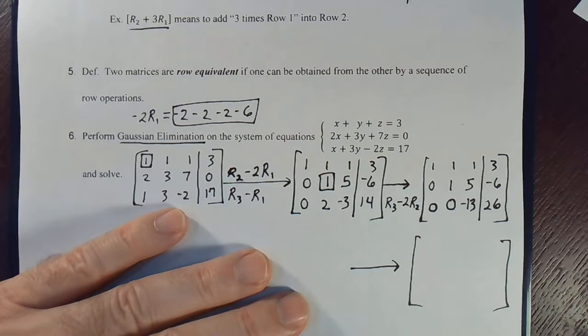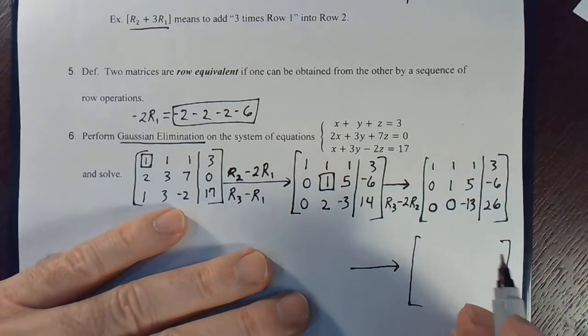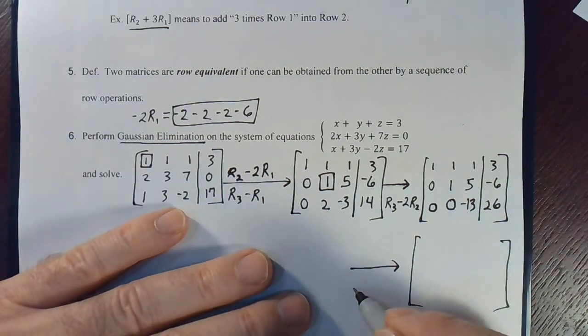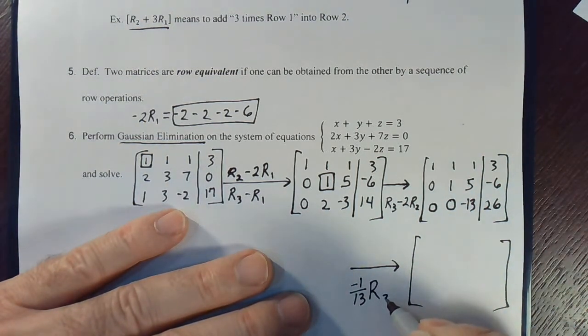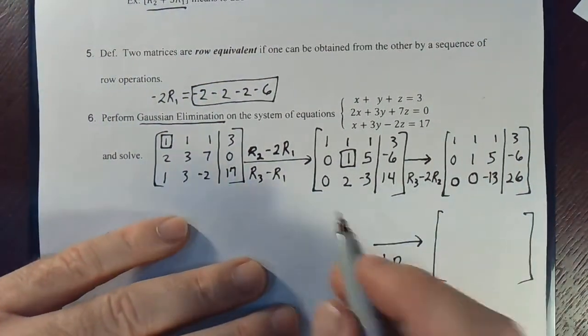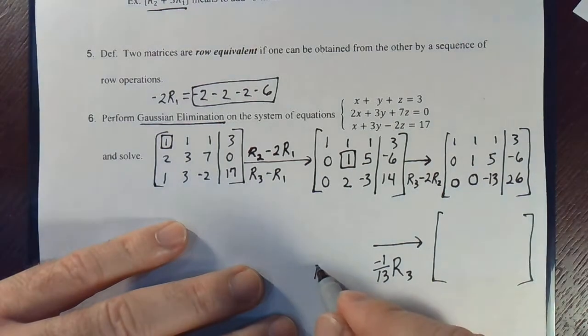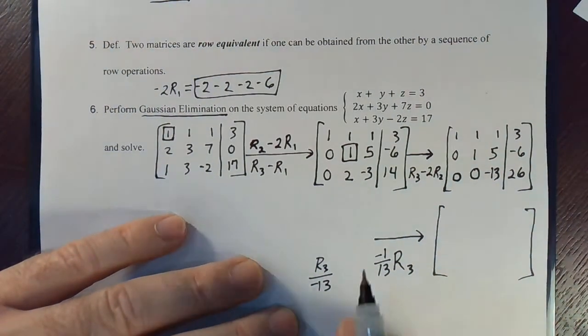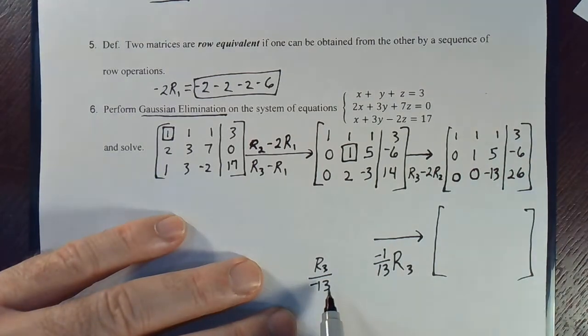There's only one way to do it. You just divide by negative 13, which I could write as negative 1 over 13 times row 3. If you wanted to write, row 3 divided by negative 13, that's perfectly fine as well. That's not 73, that's negative 13.